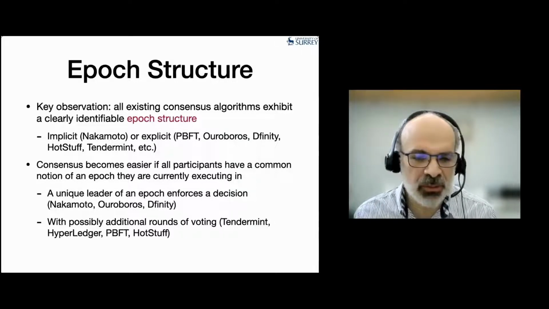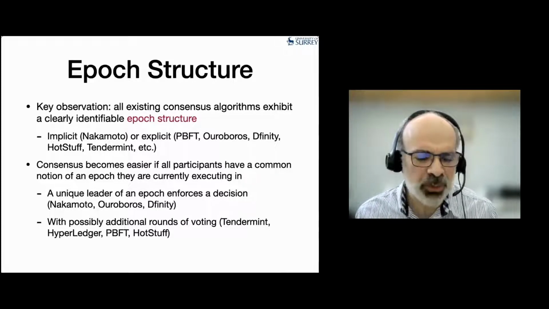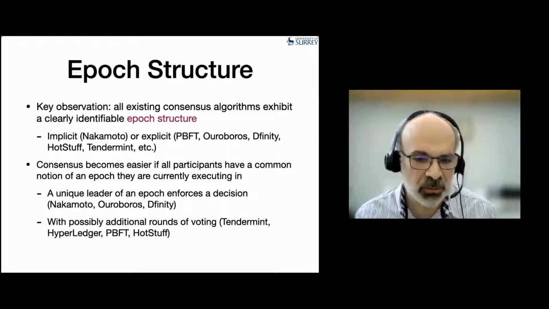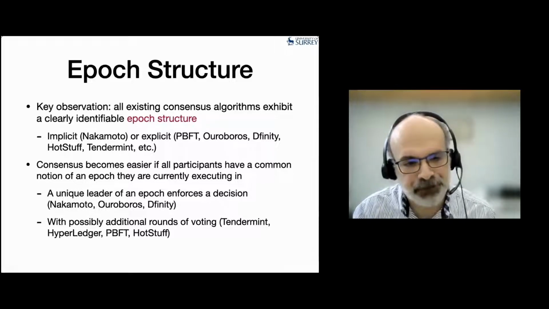In that situation, we can, for example, have a unique leader of an epoch, and that leader would enforce a decision which everyone will agree to. Or, in addition to having a leader, we can have further rounds of voting if we want better protection, better finality, and things like that.